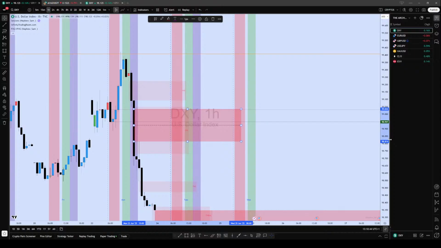Then you can expect price to trade back to that area, and then price will resume going lower, right?